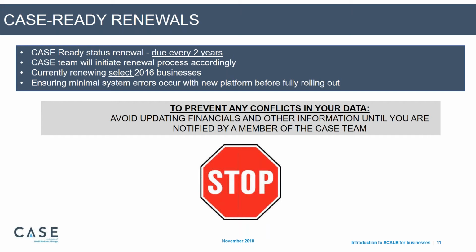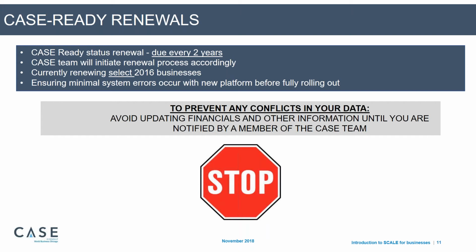When we uploaded the information into Scale, or the existing base of users, we only were able to upload limited information, including contact information, your case ready status, and your industry information.